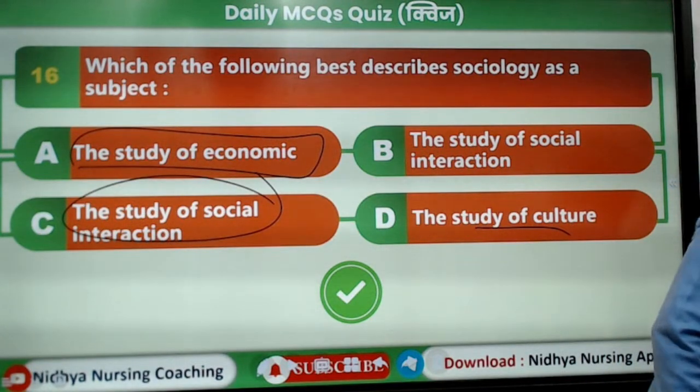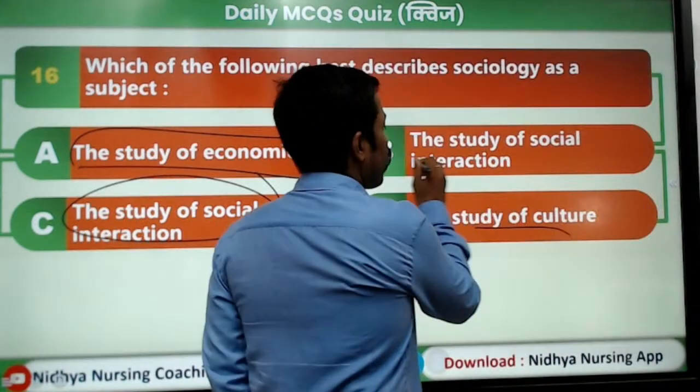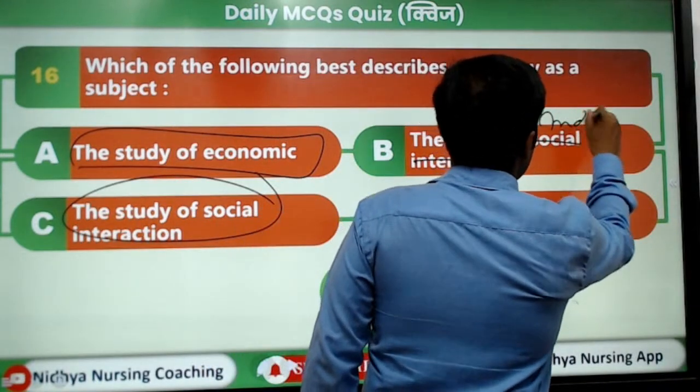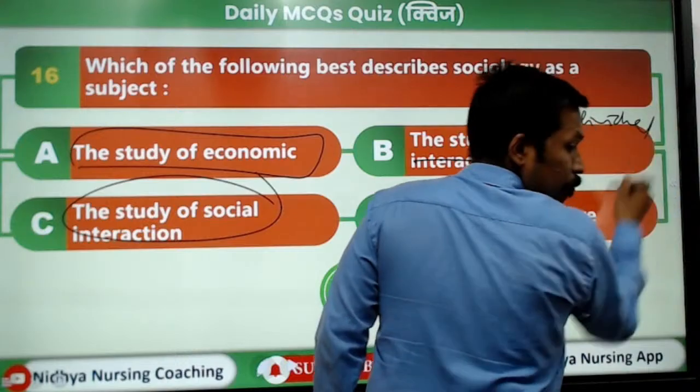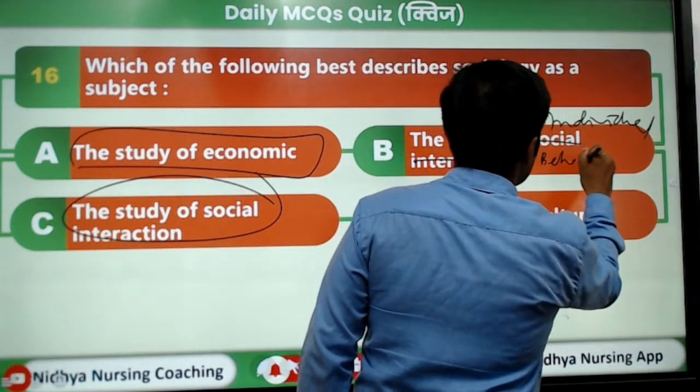Study of economics is not sociology; it's economics.